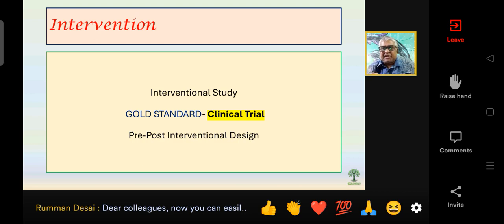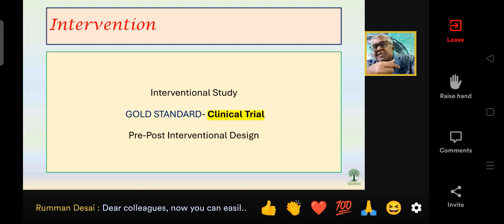But that is the gold standard for any interventional study. If you are looking at reporting an intervention, trying to convince someone that this intervention is better than that intervention, you must do a clinical trial. If you are not able to do a clinical trial, then your next alternate best design is a cohort study, but it's not as good as doing a clinical trial.